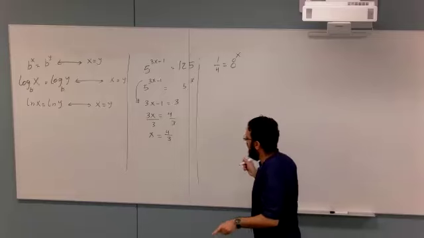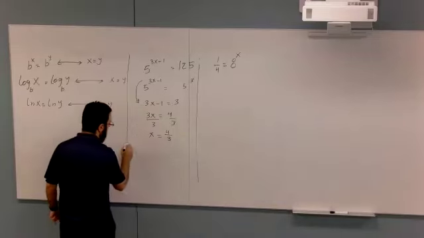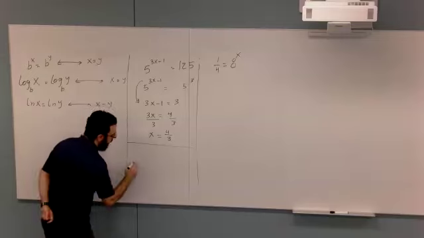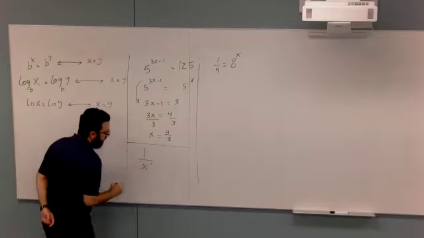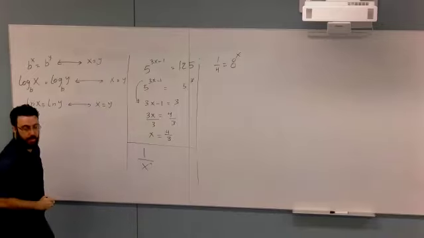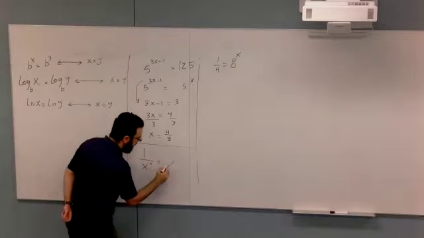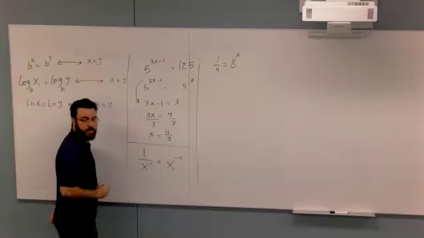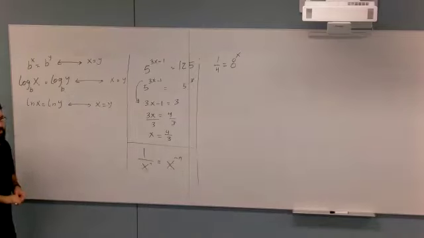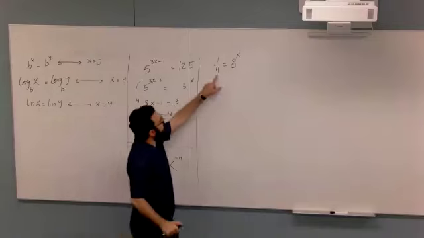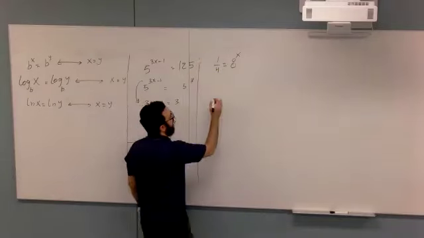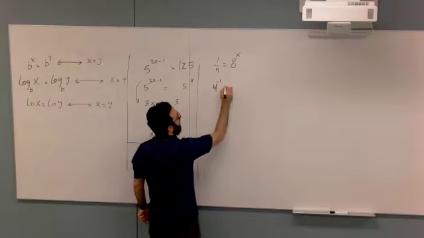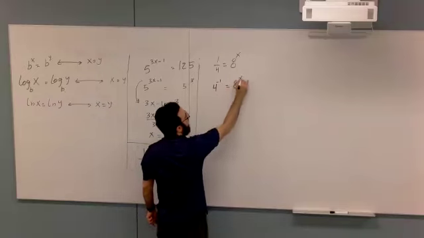Remember that with exponents, if we have a number over a positive exponent, I can say it's the number with a negative exponent. The exponent for the 4 is 1. So if I move it to the top, it's going to be 4 to the negative 1 equal 8 to the x.